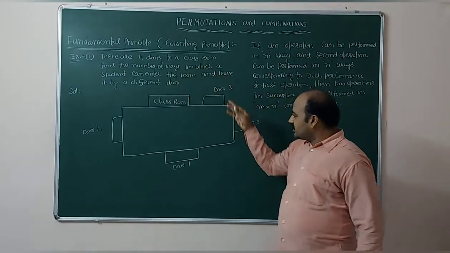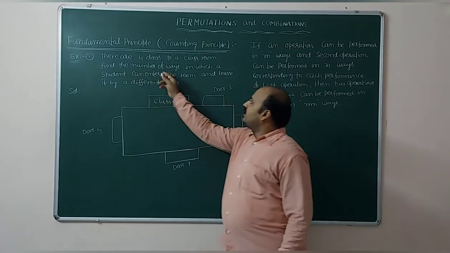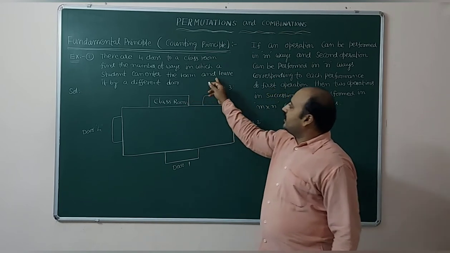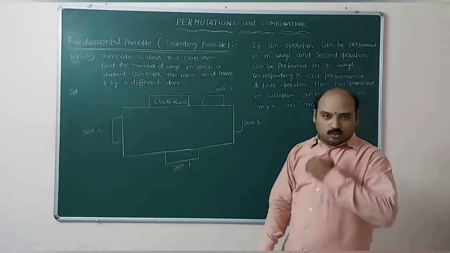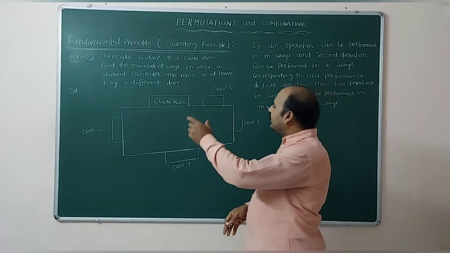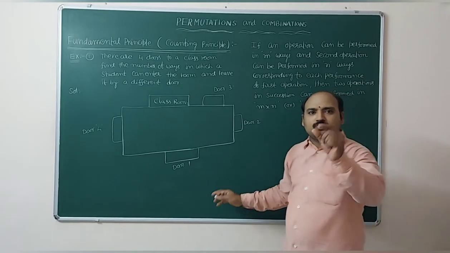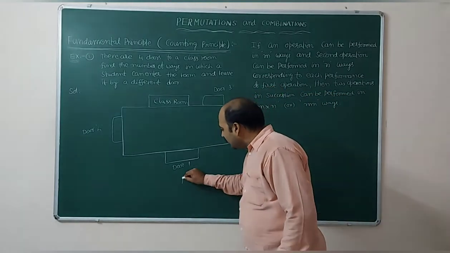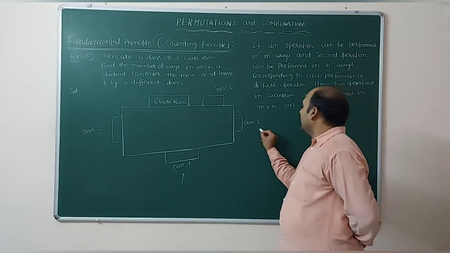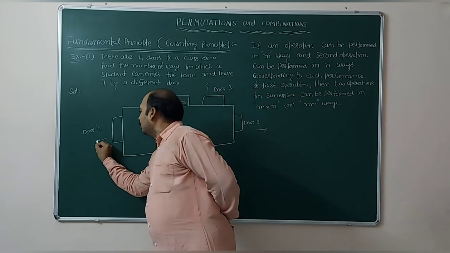There are 4 doors in a classroom. Find the number of ways in which a student can enter the room and leave it by a different door. So what are the possibilities for the student to enter the classroom? Suppose one student enters by the first door. He can leave by the second door, third door or fourth door.